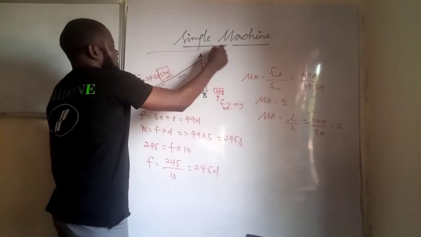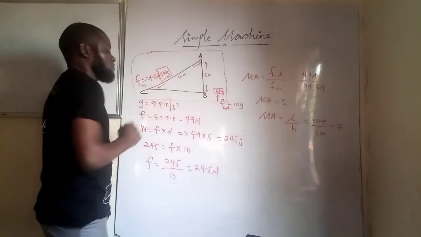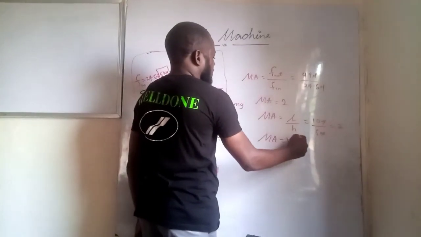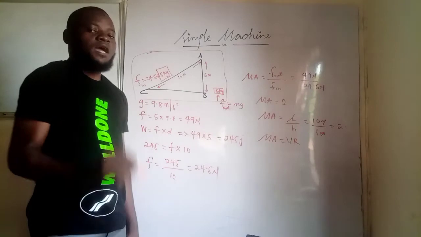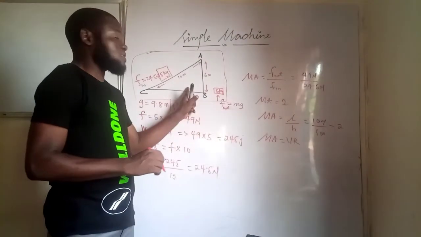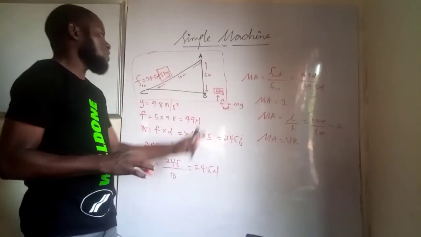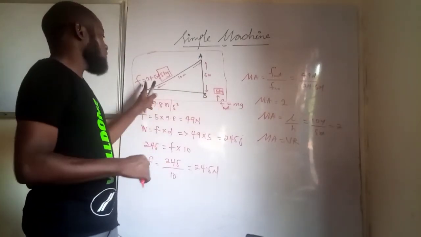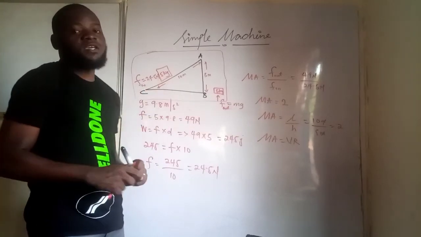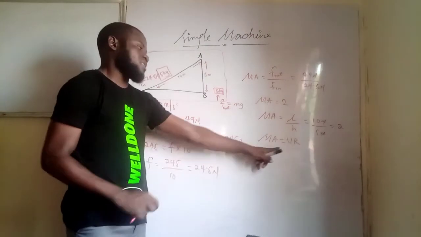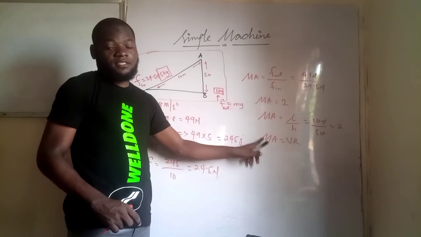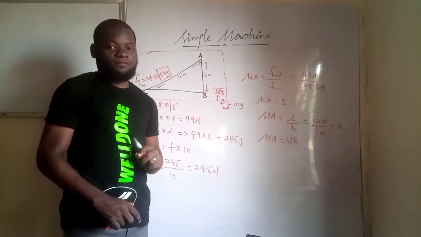If I assume that this body is frictionless, then your mechanical advantage is equal to your velocity ratio. And why do I assume that there is less friction here? Because the work done here is equivalent to the work done here. That is, the output work is equivalent to the input work. That shows that velocity ratio is equal to mechanical advantage. Why? Because there is no friction.